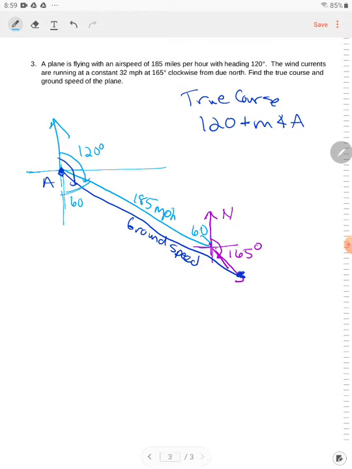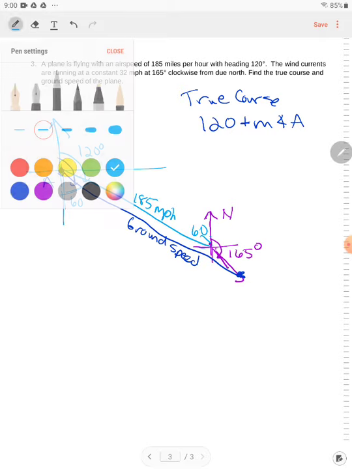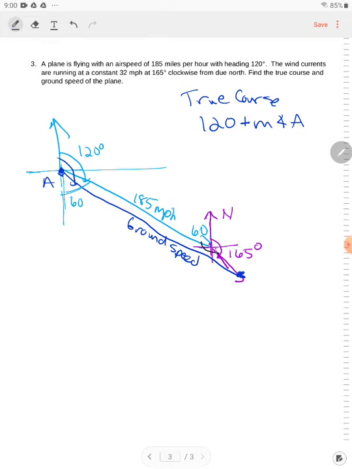So we know that 60 plus 165 plus that other angle has to add up to 360. It's a circle. So this angle right here in the black is 135 degrees because 60 plus 165 plus 135 is equal to 360.